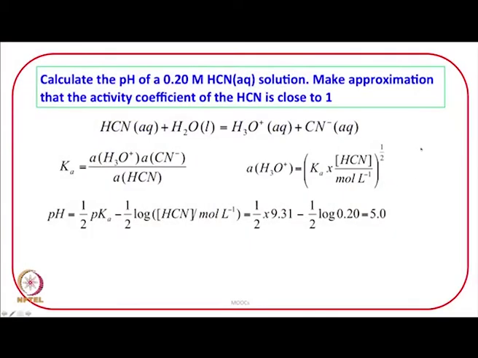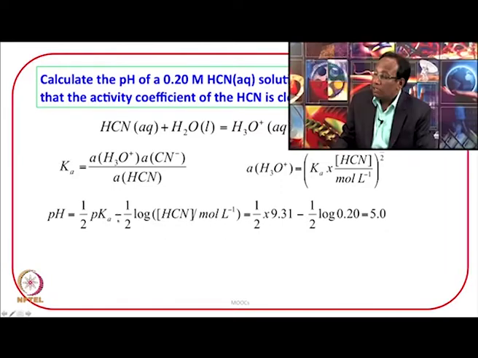That's what I just derived, that pH is equal to half pKa minus half log of HCN concentration. The pKa of HCN is 9.31 and the concentration of HCN given to us is 0.2 molar, and after calculation you see the pH turns out to be 5.